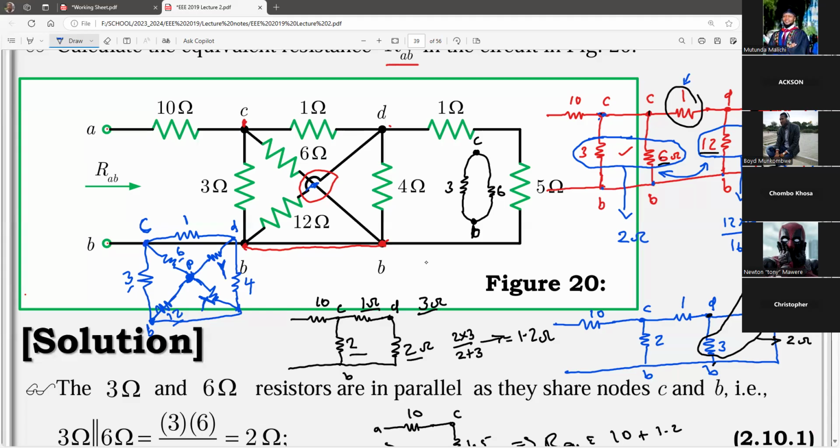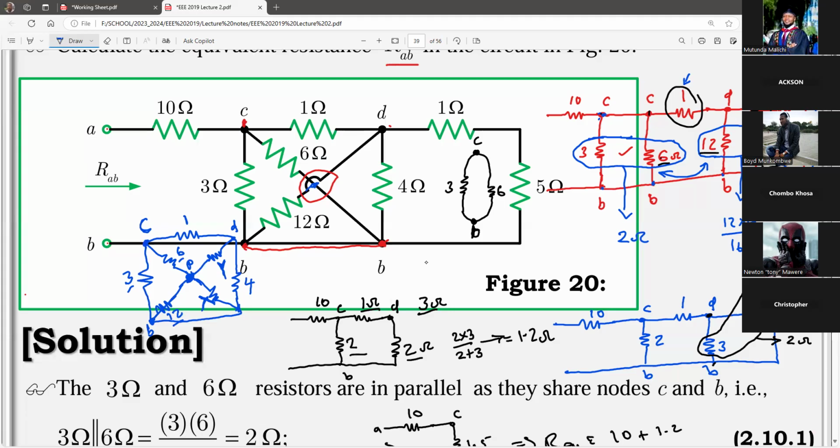So if we tried to look at the examples you've given, because if we say these three are in parallel, in series, then all of these are in series, which is not possible.